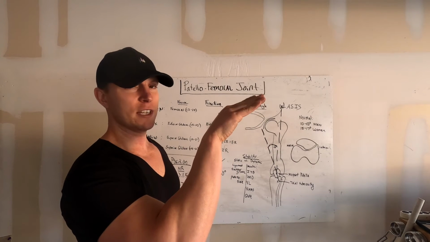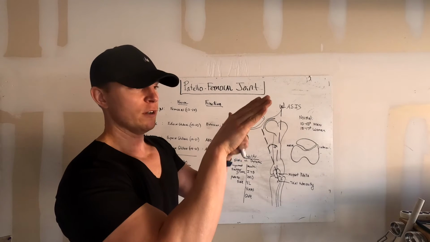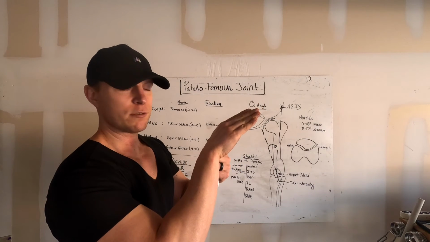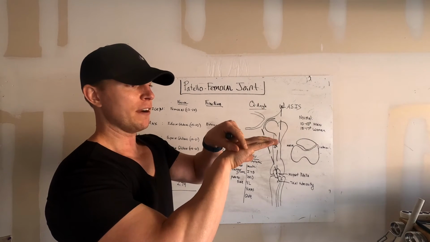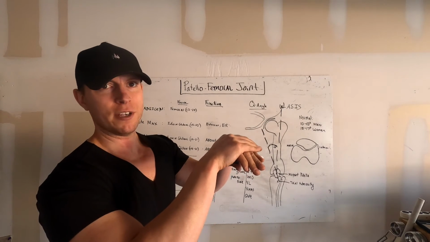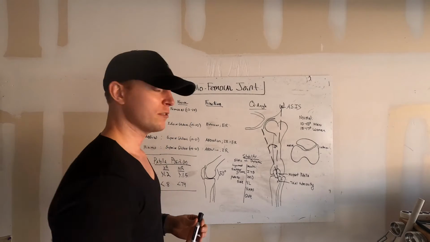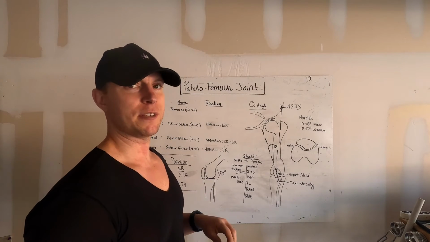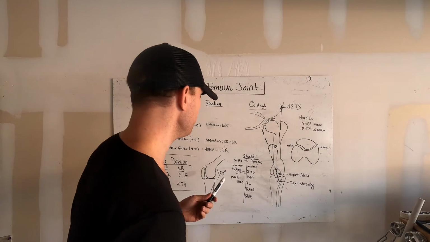So to perform extension, these muscles have to overpower these muscles. If this is really tight, these are firing more and could push that patella down against the femur as it's trying to extend the knee. So it's also important to check for tight hamstrings in patellofemoral joint pain syndrome.